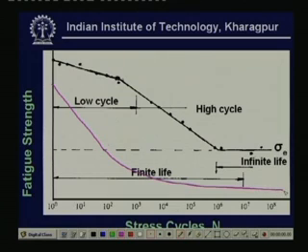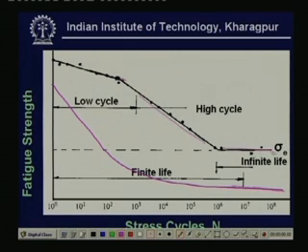Anyway, the main interest was that they do not have any specific endurance limit, and this was a representation for a typical steel material, say mild steel or so.